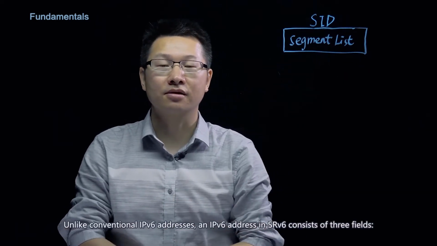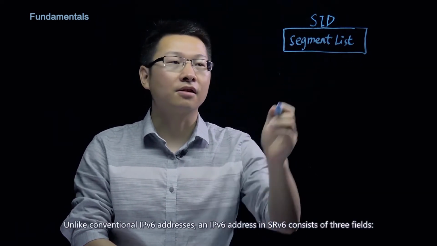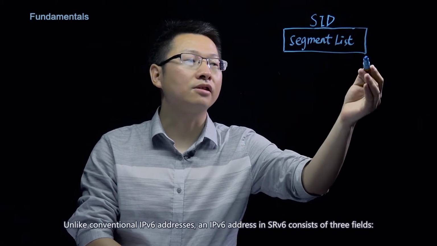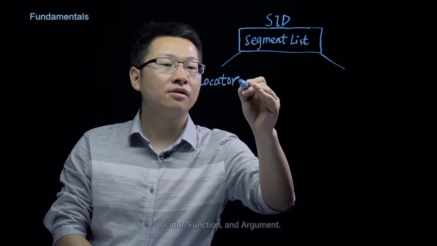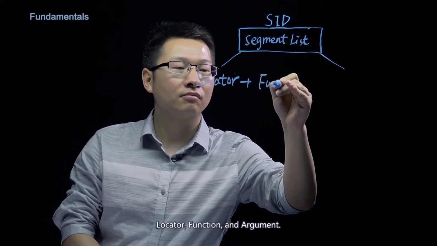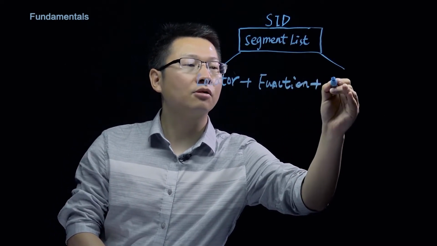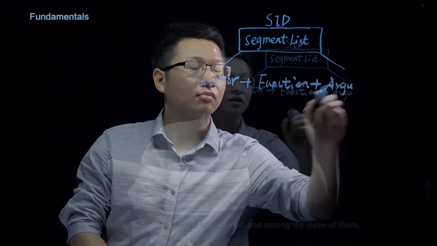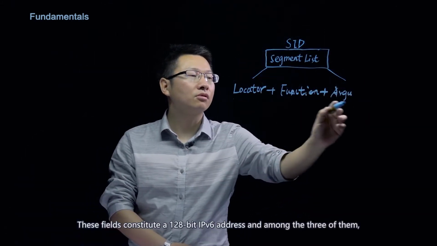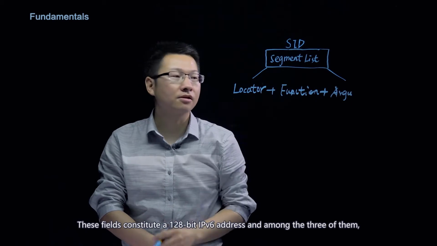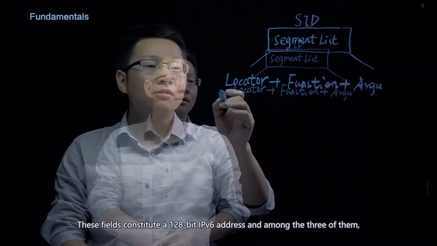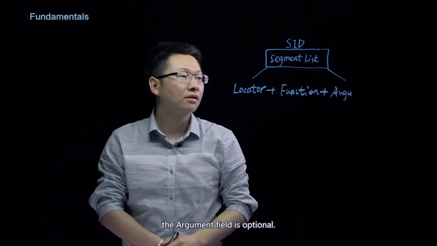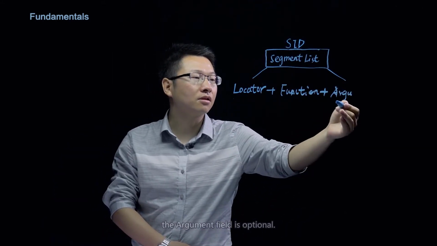Unlike conventional IPv6 addresses, an IPv6 address in SRv6 consists of 3 fields: locator, function, and argument. These fields constitute a 128-bit IPv6 address, and among the 3 of them, the argument field is optional.